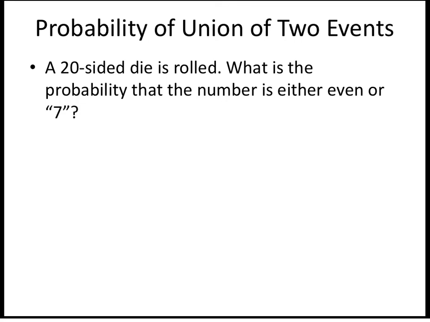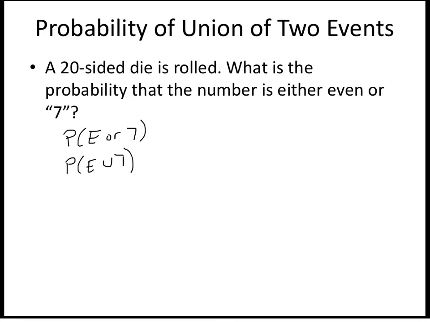A 20-sided die is rolled. What is the probability that the number is either even or 7, right? So the probability of even or 7. Now, or is union, right? So we want the probability that it's even union with the probability that it is 7, right?